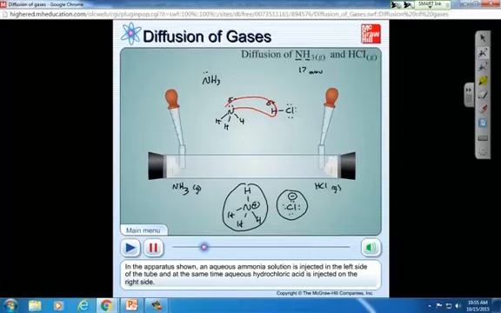And HCl, which is chlorine, which has a mass of about 35, plus hydrogen, so it's about 36 AMU. This one's a lot heavier. So the HCl is not going to travel through this tube as fast as the NH3 will.